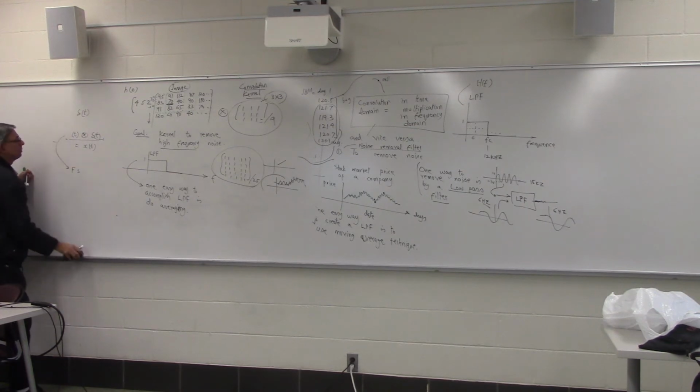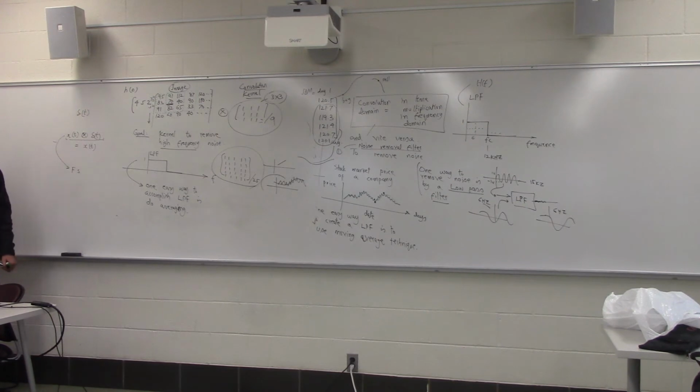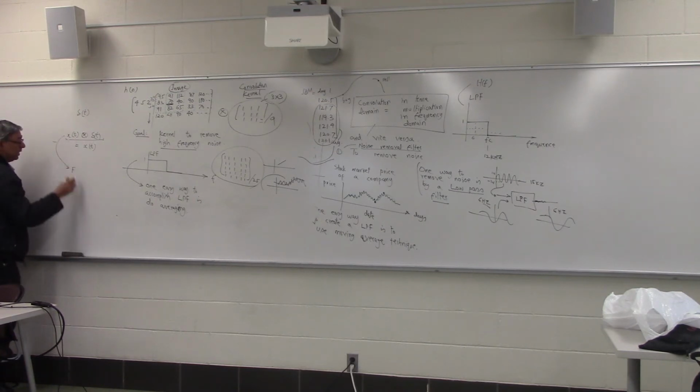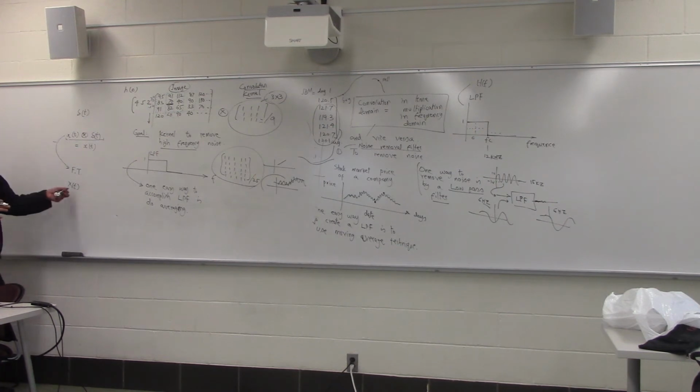Typically we use lowercase letters for the time domain, for the pixel domain, and uppercase letters for the frequency domain, right? So now suppose I did a Fourier transform of x of t, and it came out to be X of f. It doesn't matter what it looks like. It will tell us the frequency component of this.